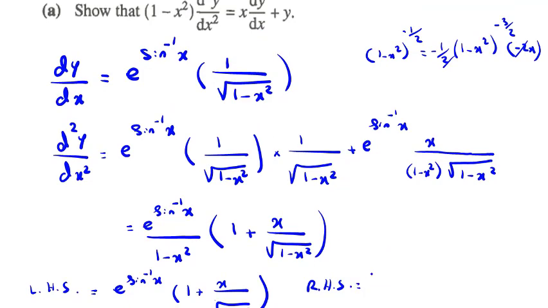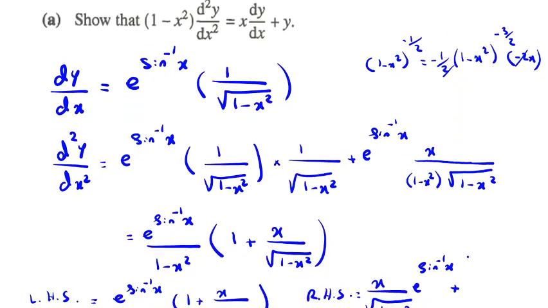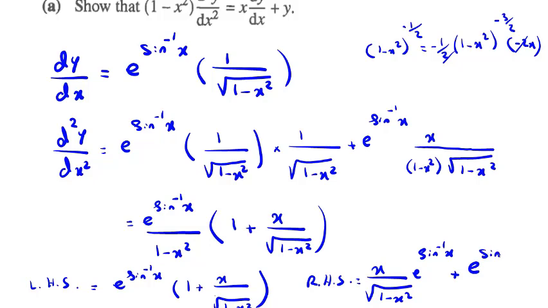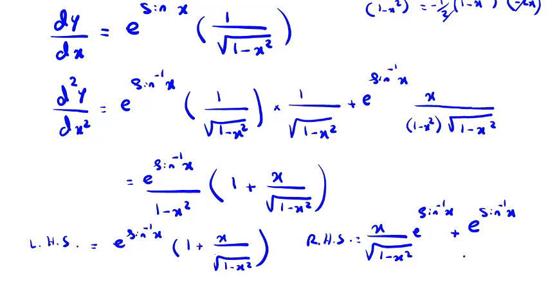So x times this will be x over root 1 minus x squared times e to the power of inverse sine x, plus y. Y is e to the power of inverse of sine x. And we can see these two terms, left-hand side and right-hand side, are equal.